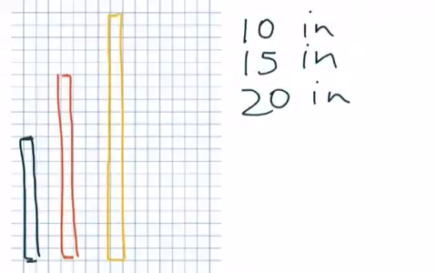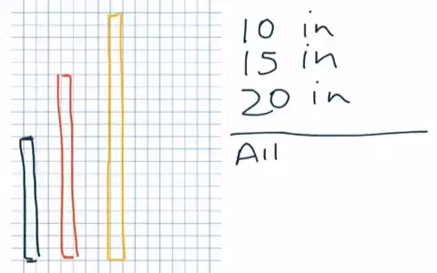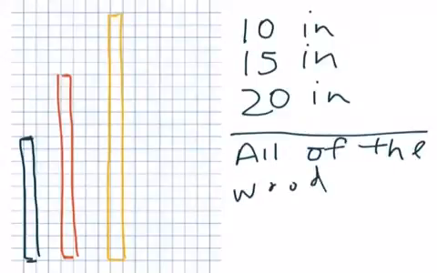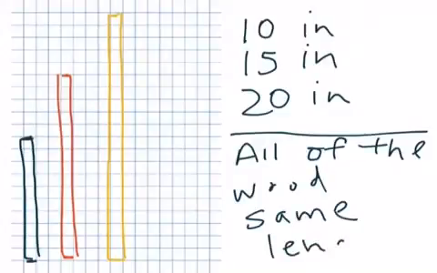And you've got a project to do, and you need to have all of the pieces of wood the same length. And you want to make sure that you use the wood as resourcefully, as sparingly as possible.